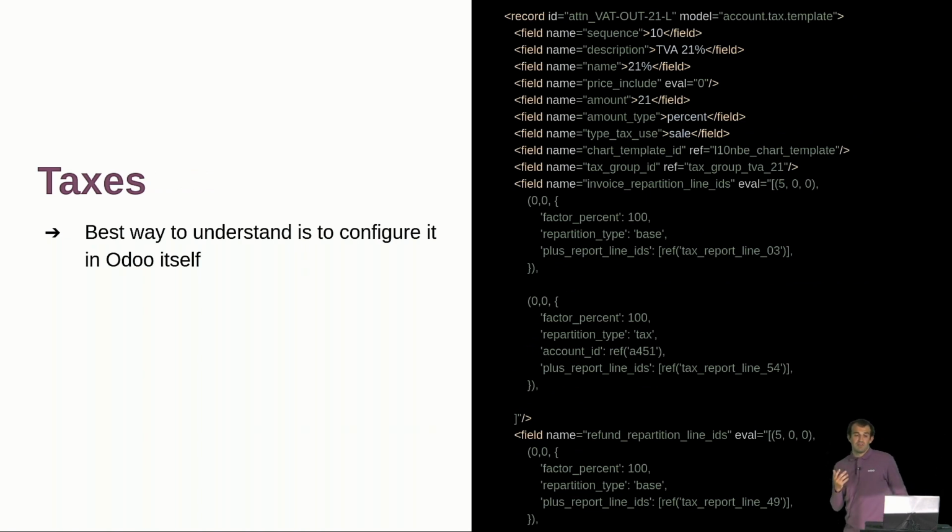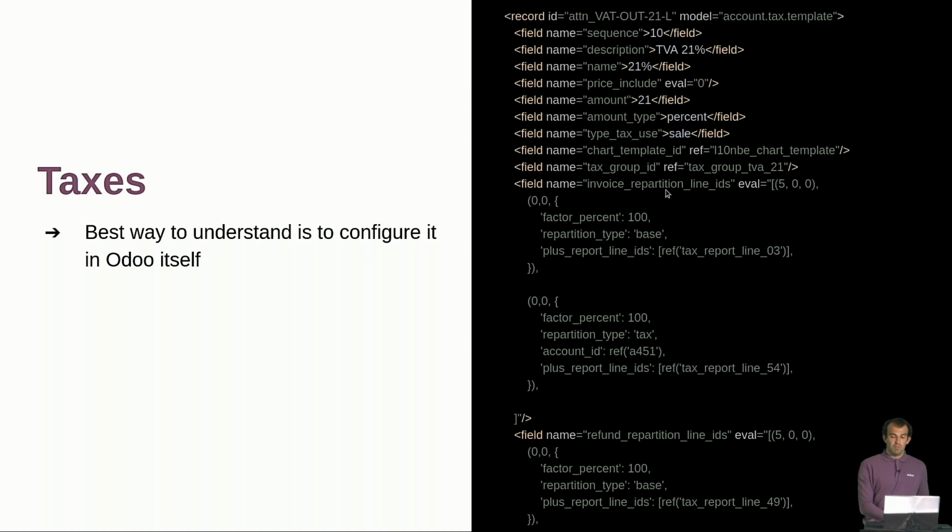Then we have the taxes. Here we define them in XML, and that's basically because we have here the invoice repartition lines. Those were introduced in version 13. Olivier Colson gave a really good talk about that last year.